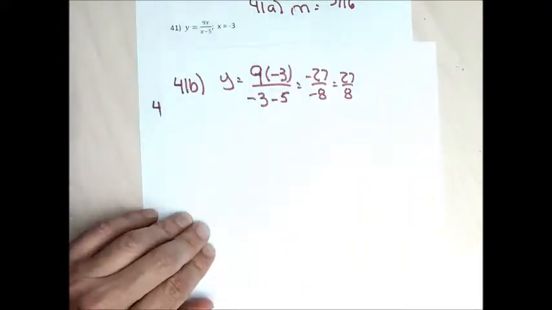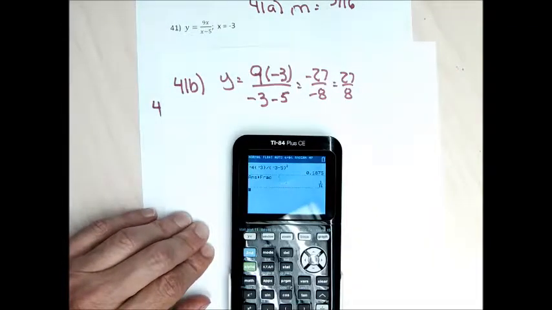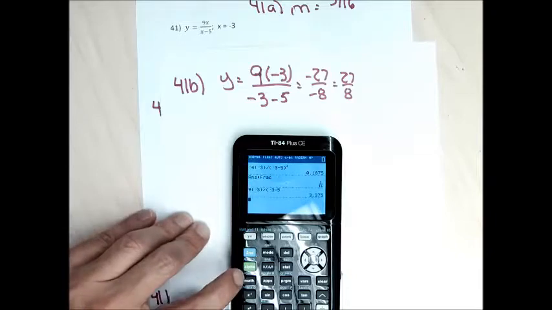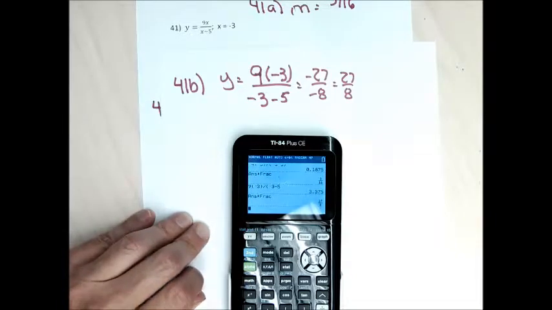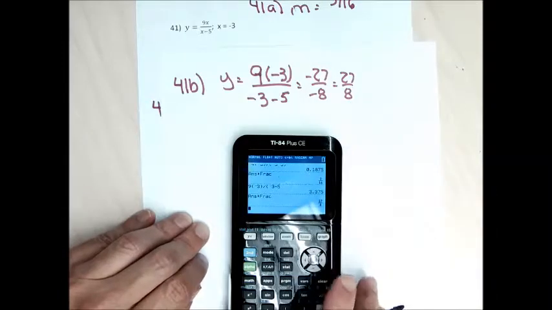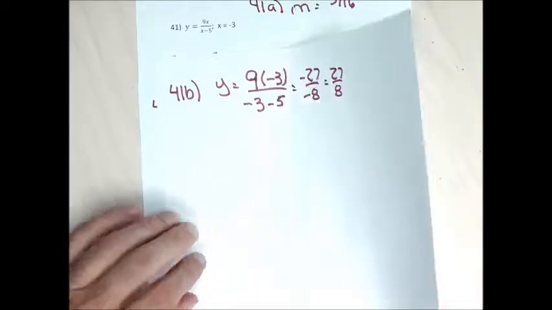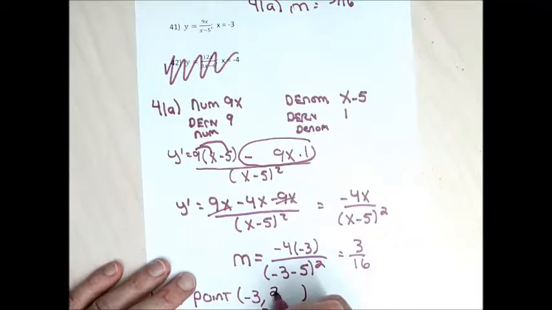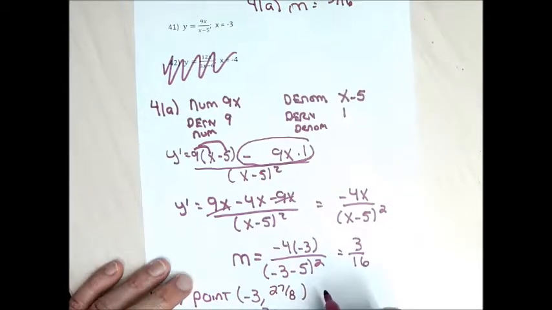I would probably do this on my calculator as follows. I'd go 9 times negative 3 divided by parentheses negative 3 minus 5. Math, enter, enter. And I get 27 over 8 again. That's the y-coordinate of the point by hand and by calculator. So 27 over 8 is the y-coordinate of my point.